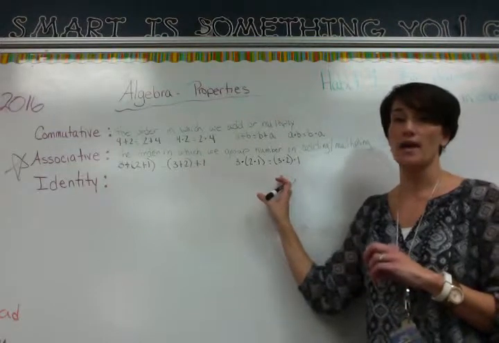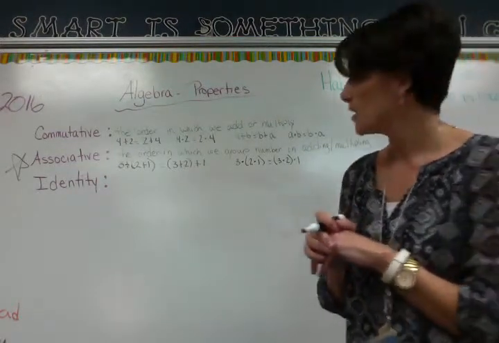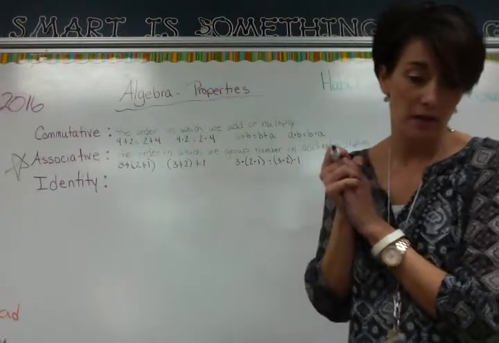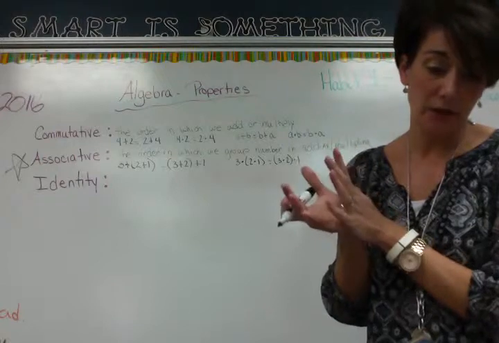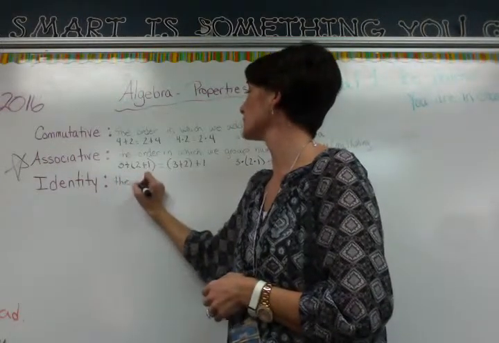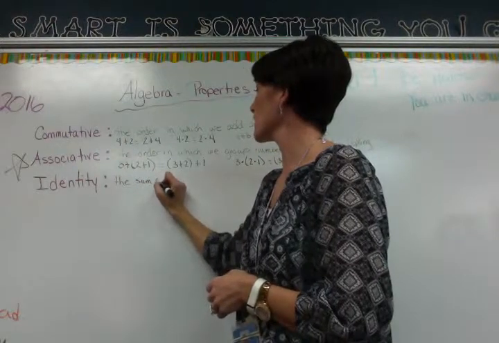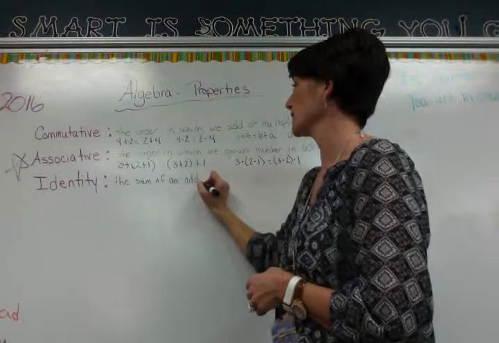with addition and multiplication. The last one is the identity property, and that is where the sum of an addend and 0 is always the addend. So the sum of an addend and 0 equals the addend. This sounds really complicated, but it's not.